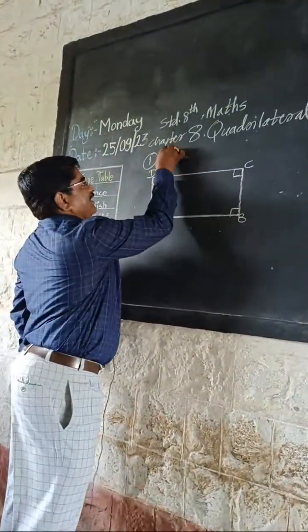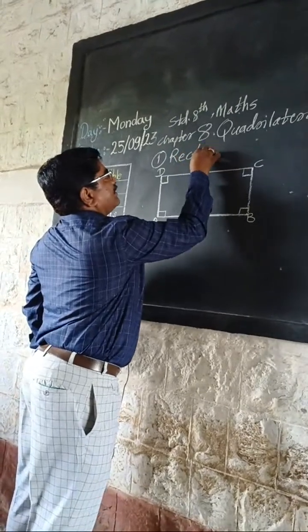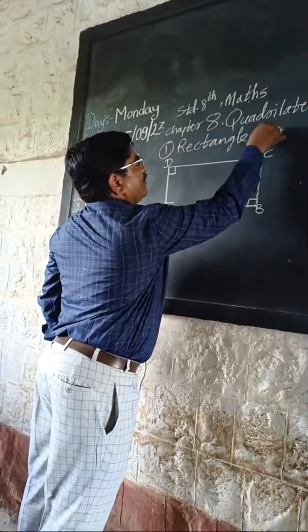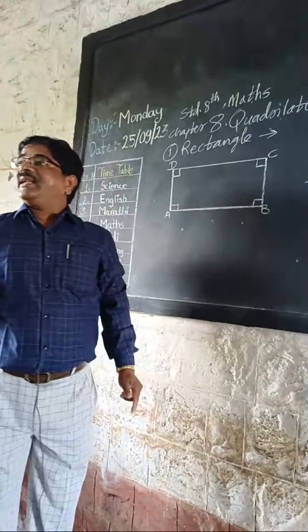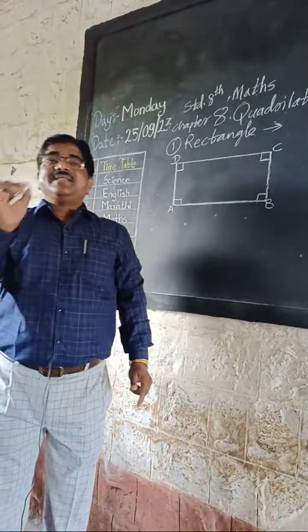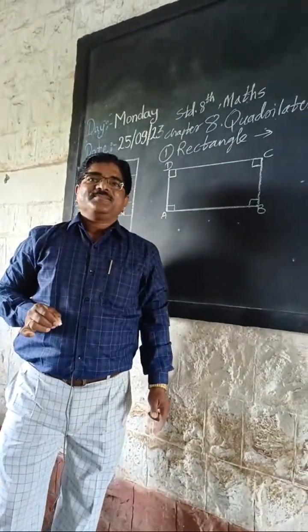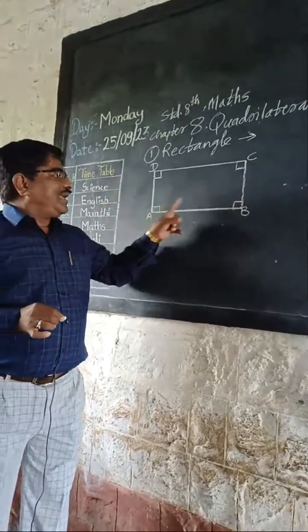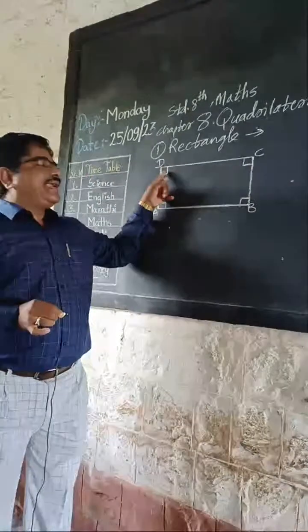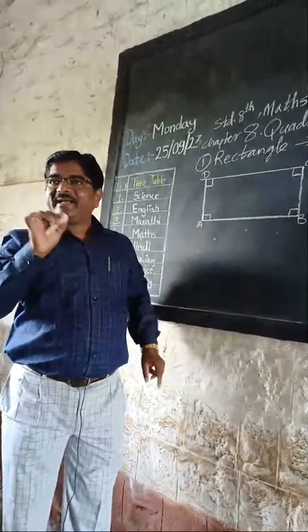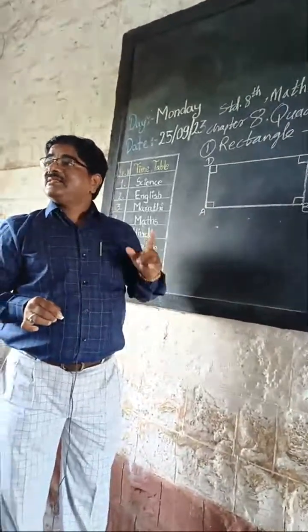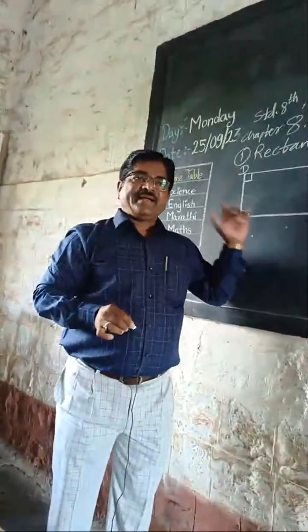Good, rectangle. And today we discuss about rectangle. What is the definition of rectangle? If all angles of a quadrilateral are right angles, then it is called a rectangle.